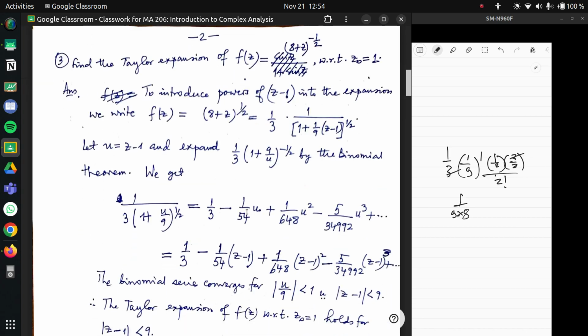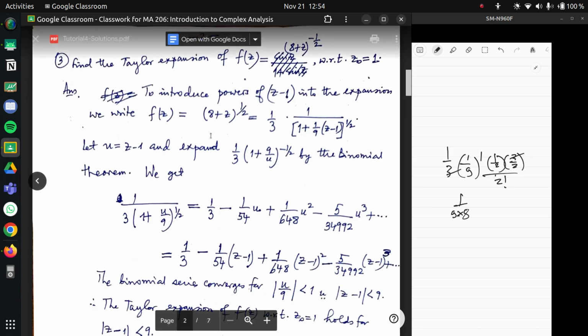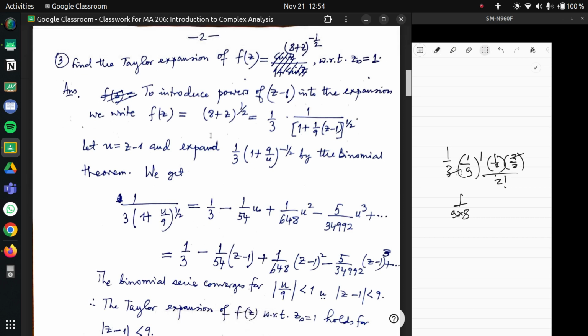Hey, let's try figuring it out with the derivatives. So 8 plus z power negative 1 by 2, take a derivative of that. It's negative 1 by 2, then you got 8 plus z to the power of 3 by 2, and then you just got 1. And so we want this at z equal to 1, right? It's going to be like negative 1 by 2, and then you got 8 power 3 by 2, sure.